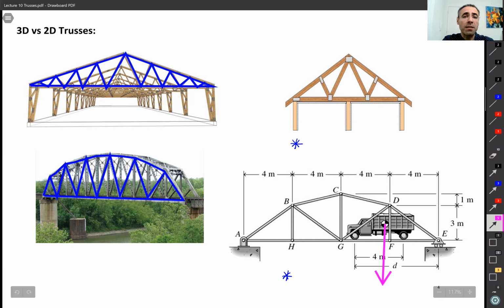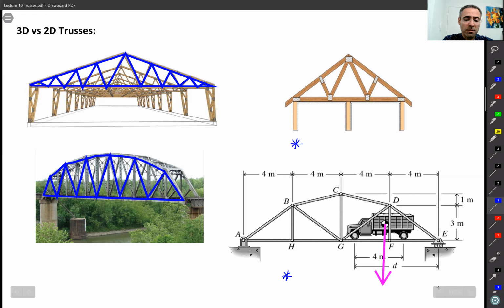We want to find out the loads in each member of this truss, so we can calculate the stresses and make sure that we pick the right material and the right geometry. By geometry, I mean the right size of the truss so it doesn't fail, right?